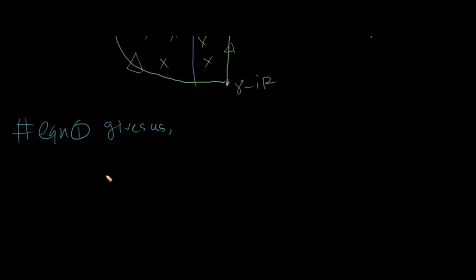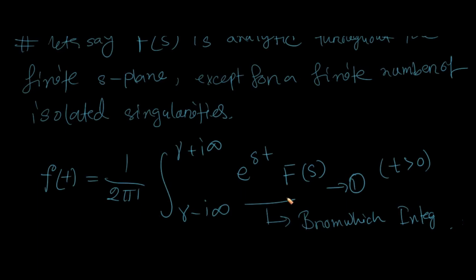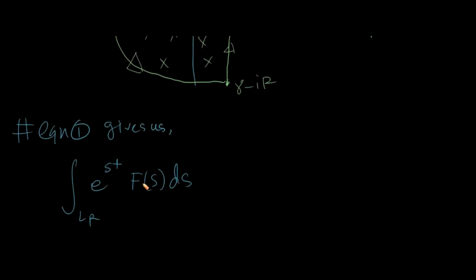Right. So first of all, let's write the LR thing, and this will have the format of e to the power st f of s ds, right? And oh my god, I forgot to write a ds over here. Yeah, this should be like this. And why this 2 pi I is over here will be apparent a bit later, so have patience.